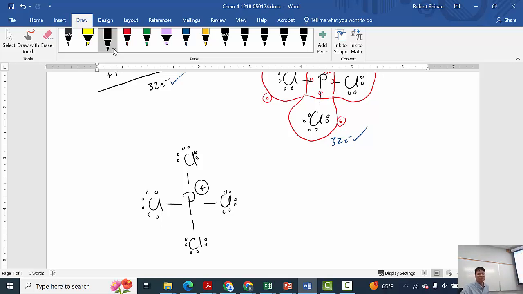All right, so this would be the structure. Or we might see it like this, with the square brackets and the net charge. The net charge is pretty much the same as this charge on this phosphorus.